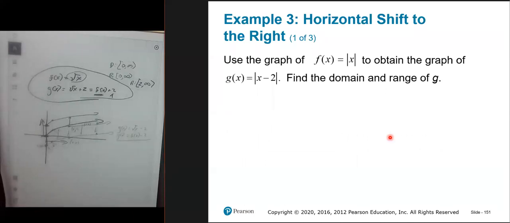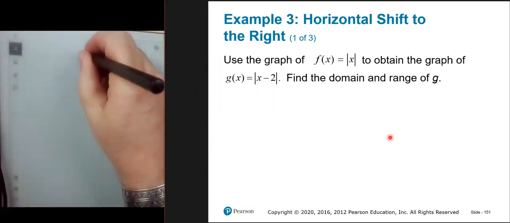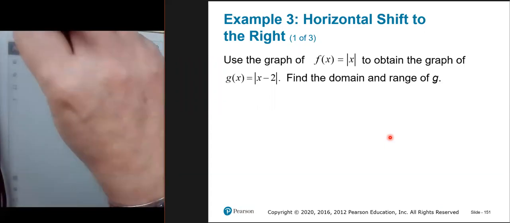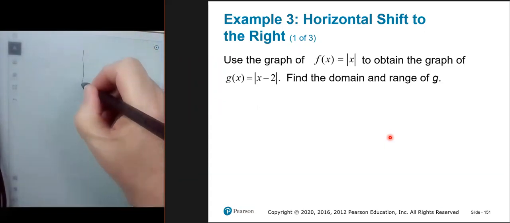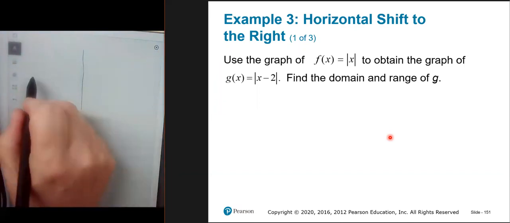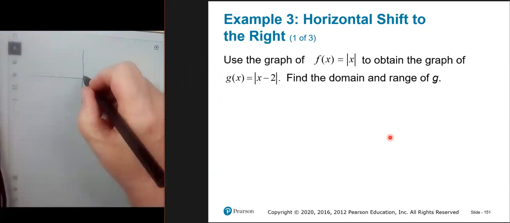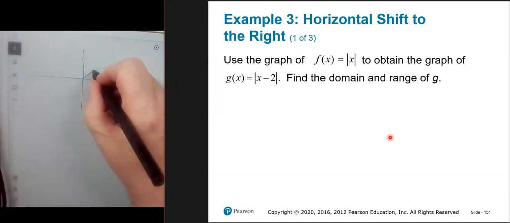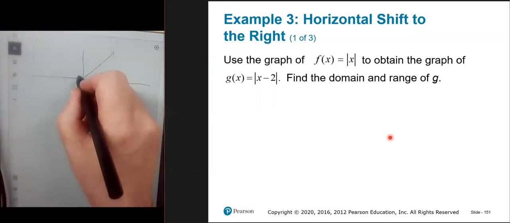All right. Now we're going to talk about horizontal shifts. Now I'm going to change x before I go to the parent function. So here's the absolute value of x function. Goes like this.